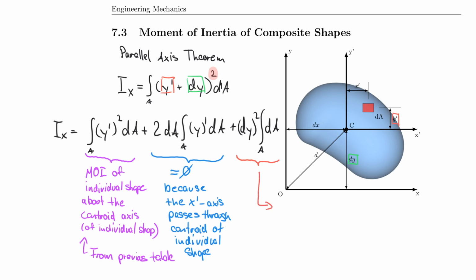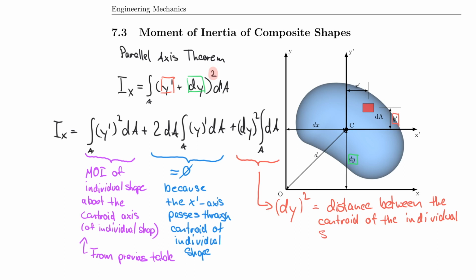So this includes dy, and of course dy here is squared, right? So it is the distance between the centroid of the individual shape and the coordinate origin.